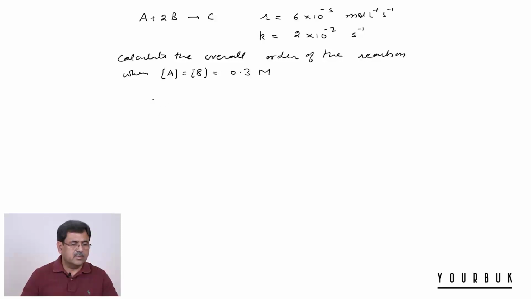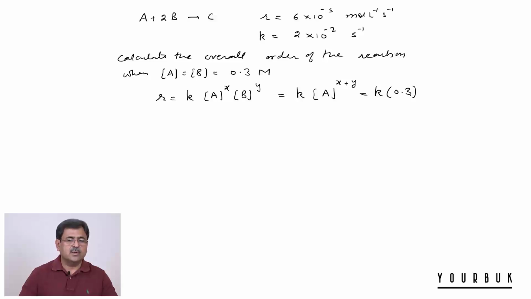Now we write the rate equation as R is equal to K into [A] raised to power X and [B] raised to power Y. And since the concentration of A is equal to B, we can also write K into [A] raised to power X plus Y. This is equal to K into 0.3 raised to power X plus Y, where X plus Y is the overall order of a chemical reaction.